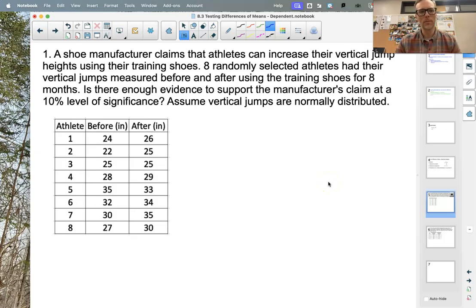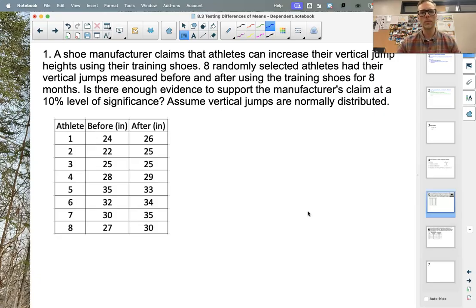Our first example that we're going to look at today is a shoe manufacturer claims that athletes can increase their vertical jump heights using their training shoes. It's a problem roughly based off the idea of jump soles. I think those have been a thing, at least they were when I was in high school.